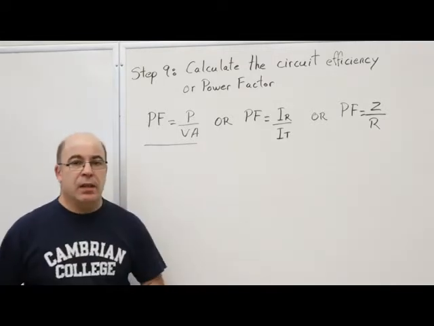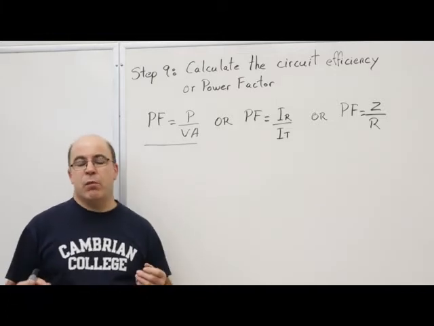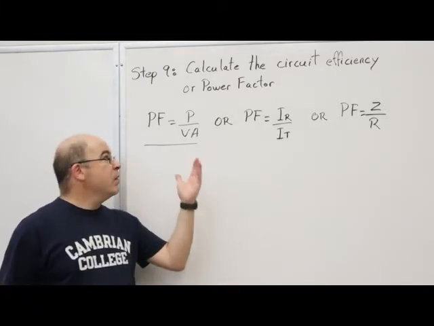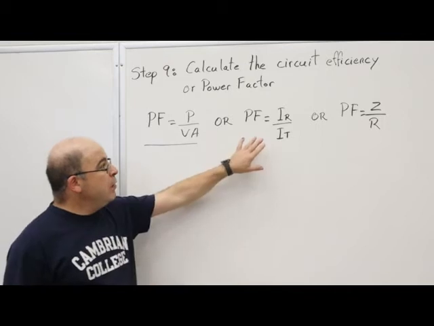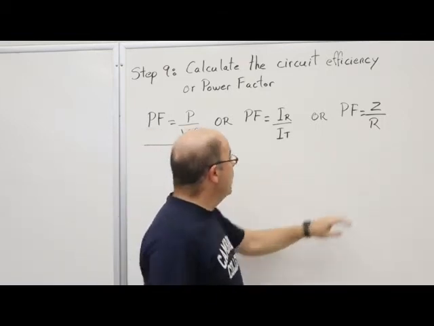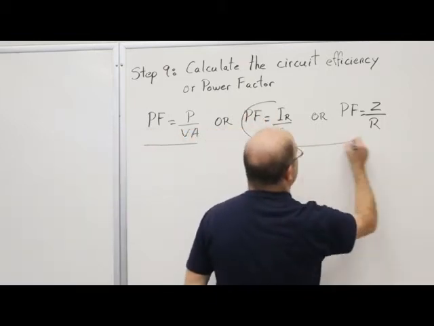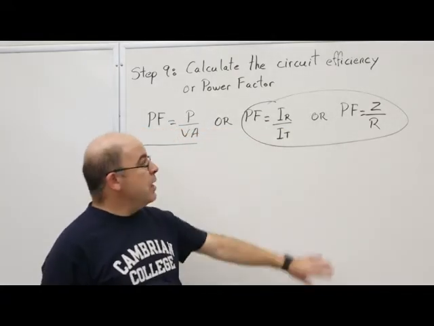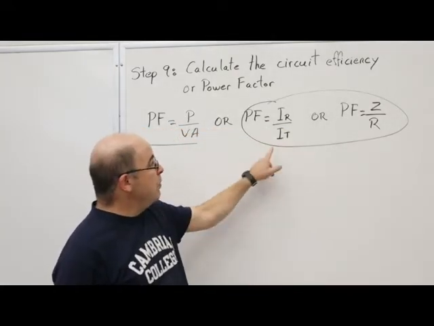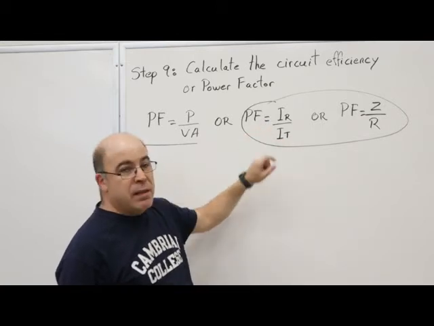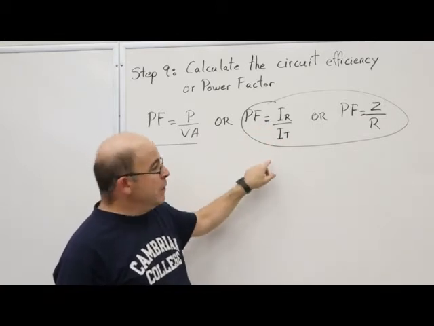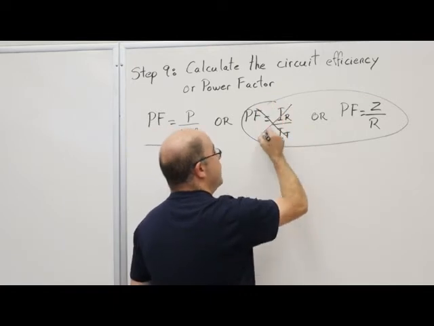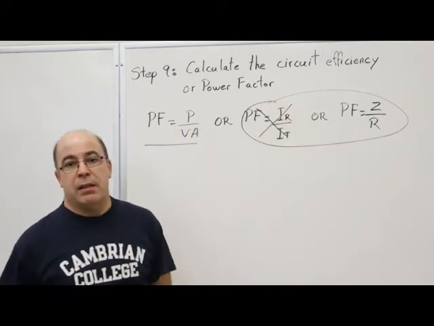This formula, it does not matter if I am working with a series or parallel circuit, the formula stays the same. If we look at these formulas right here, they are only applicable to a parallel circuit. If you try using this formula, well, for a fact, in a series circuit, the current's the same. So you can't use this formula in a series circuit.